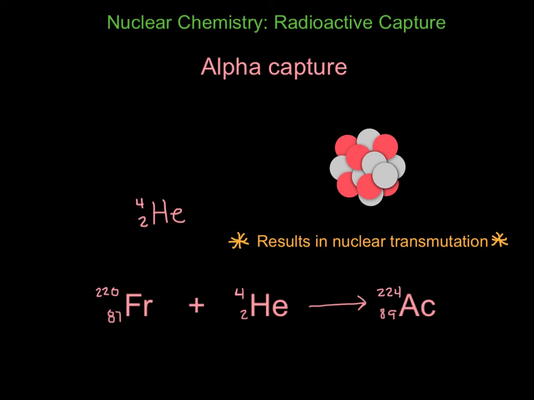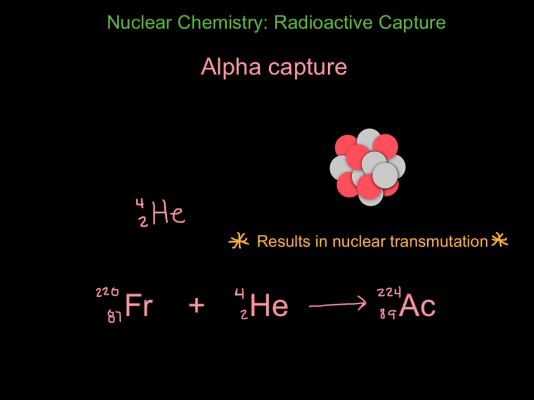So our element is going to change, which we can see down here in our nuclear reaction for alpha capture. But again, notice because it's capture, we have our alpha particle on the reactant side, and I have my parent nucleus here, and between our parent nucleus and our daughter nucleus, we notice that both our atomic mass and our atomic number are going to increase.